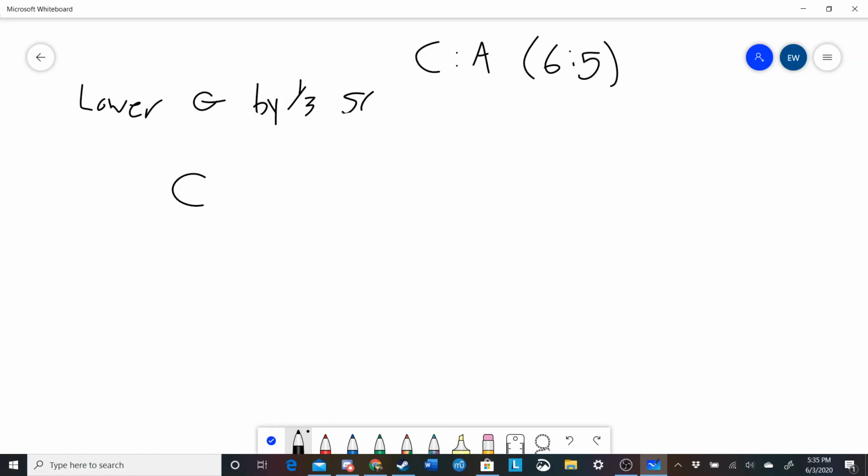C, G, D, A. So we have 3/2, 3/4, because it would be a fourth down.